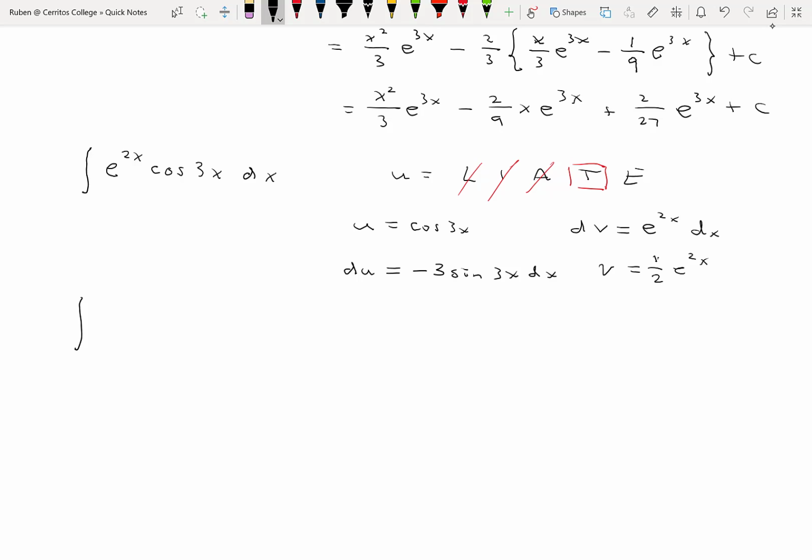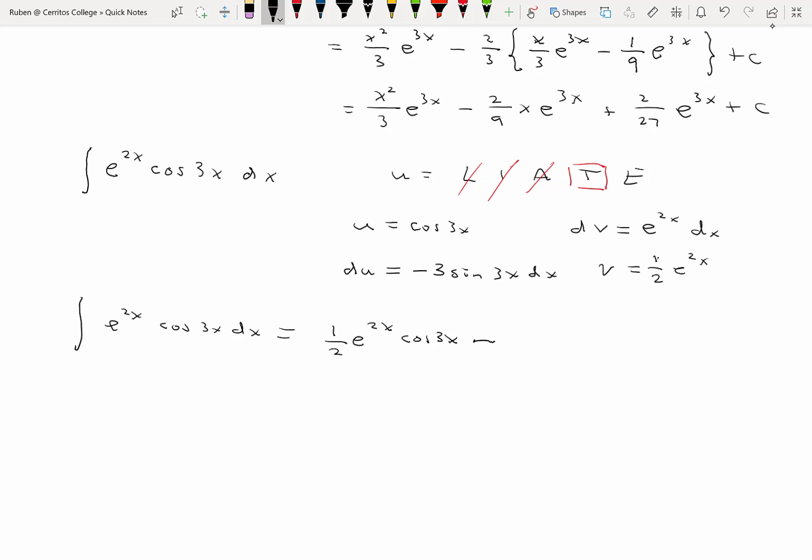So my integral of e to the 2x cosine of 3x is, I'm not going to put the formula now. I'm just going to write it out, but I'll say the formula out loud. It's u times v, so 1/2 e to the 2x cosine 3x minus the integral of v times du.